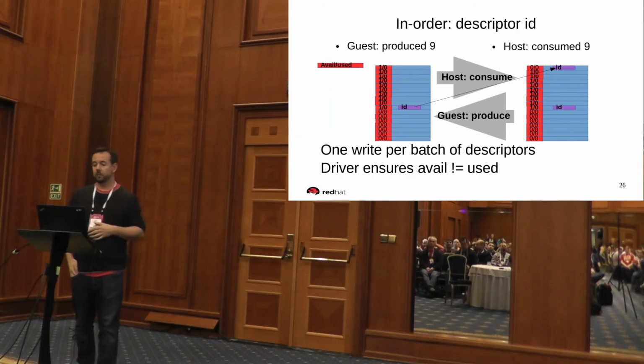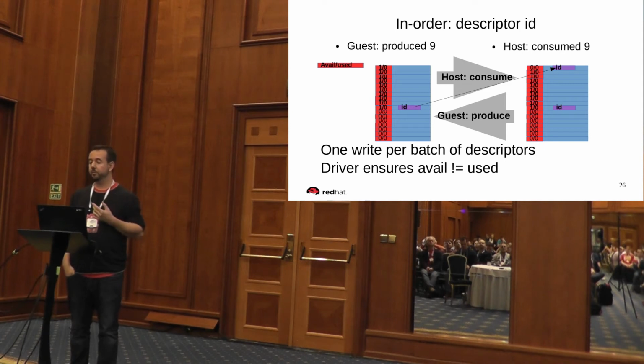We can do it differently too. The descriptor ID is also useful for when the host processes the ring in order. Because sometimes the only meaningful information, or the single useful bit of information, for a descriptor is: has it been used?